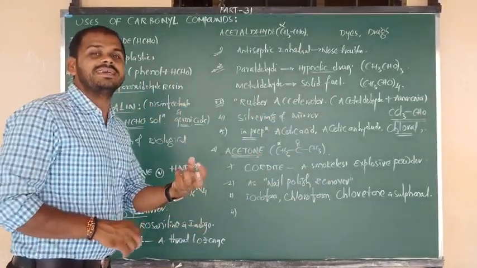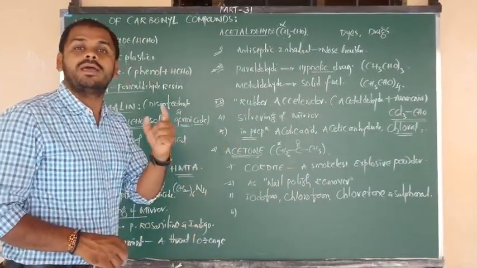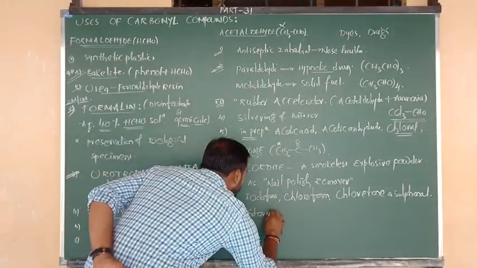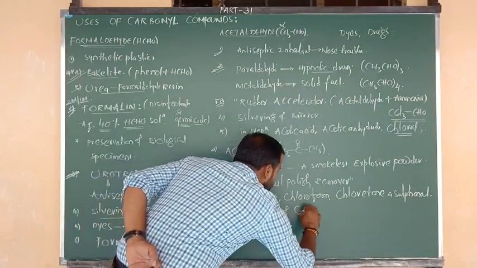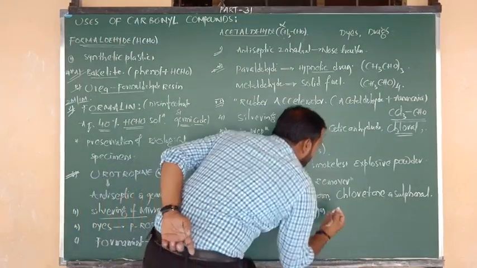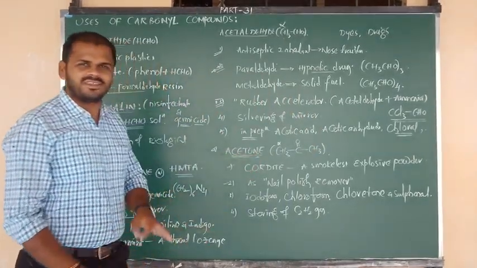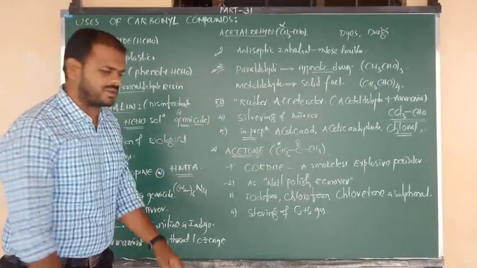It can be used as an inert solvent for the storage and transportation of acetylene gas, C2H2 gas. It can be stored and transported with the help of the solvent acetone, because they do not react with each other.